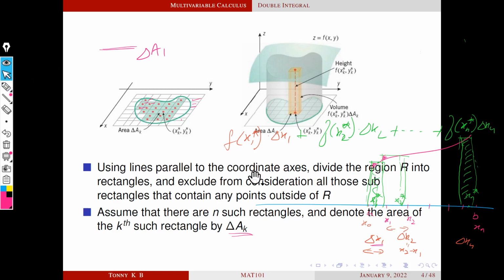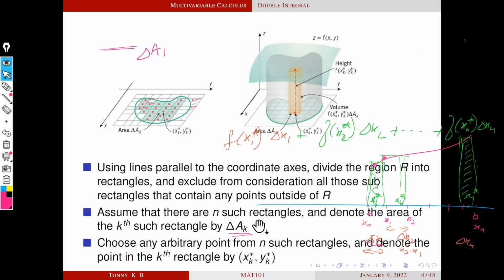Okay, analogous to this, what is x1 star? x1 star is an arbitrary point from the first interval. So here we choose arbitrary points from each rectangle. That means this red point, this is our first rectangle. So this is x1 star, y1 star. Clear? We choose this as our second rectangle.